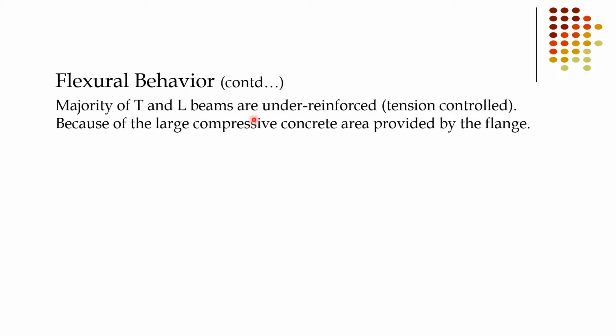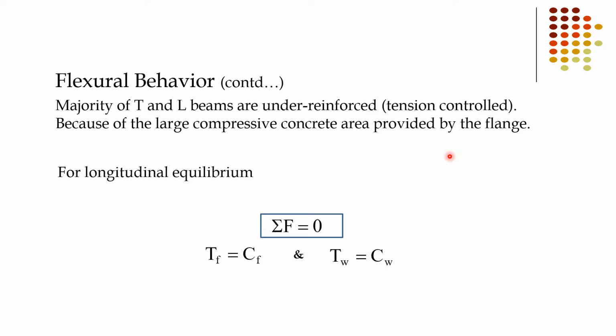The majority of T and L beams are under-reinforced, meaning they come under the category of tension control. Why? Because of the large portion of compressive concrete area provided in the flange. Due to the large compressive area the concrete does not crush, so only the tension steel goes into yielding.